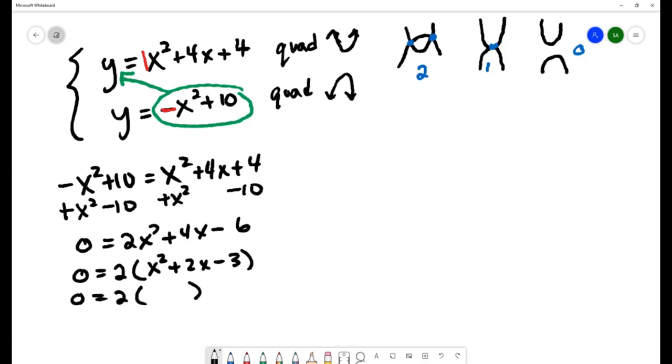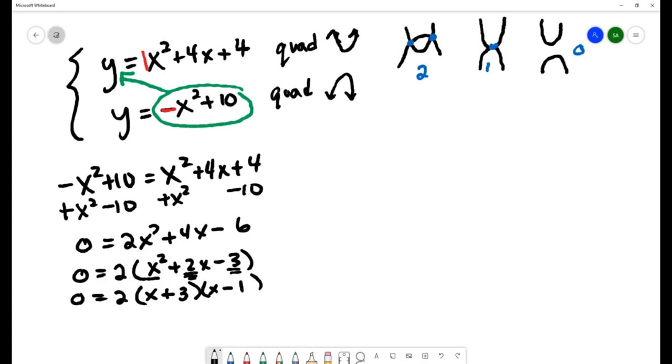And I'll factor more. x times x would give me the x squared in the front. In the back, I have a 3. So 3 times 1 would give me 3. And I need a positive and a negative. And I chose to put the positive on the 3 and the negative on the 1 so that I could add to the correct middle term of 2.